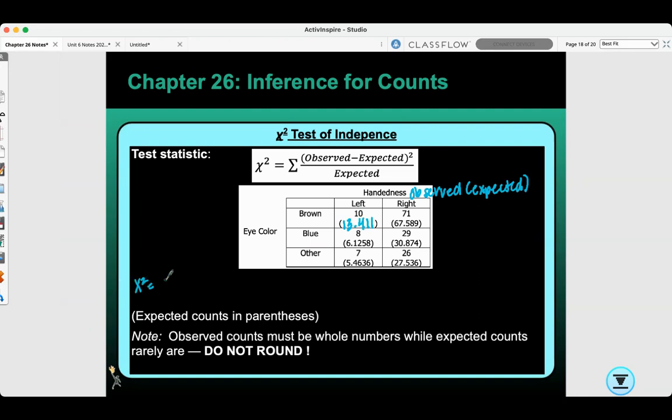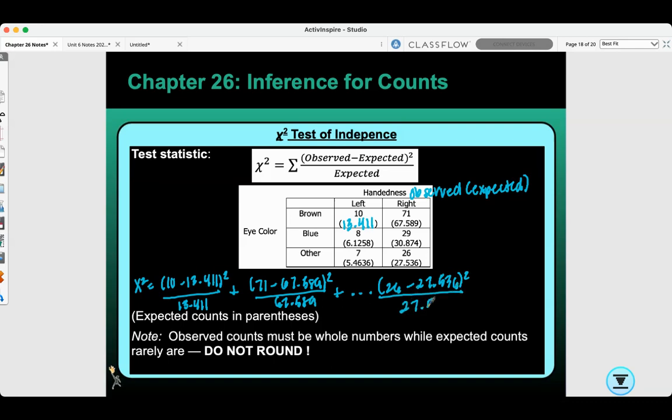So chi-squared is observed minus expected, so 10 minus 13.411, all squared, divided by 13.411. Let's do another one going across. 71 minus 67.589, all squared, all over 67.589, plus dot, dot, dot, all the way to the last one. 26 minus 27.536, all squared, divided by 27.536.